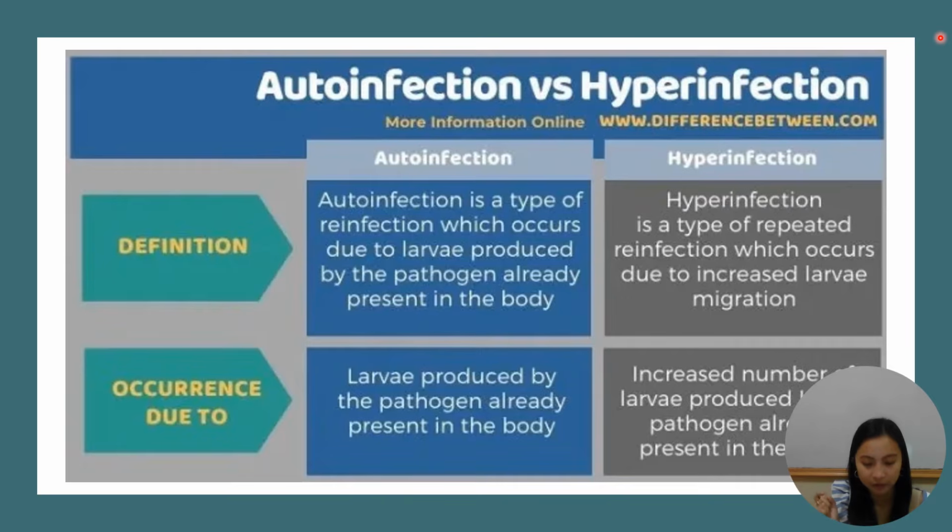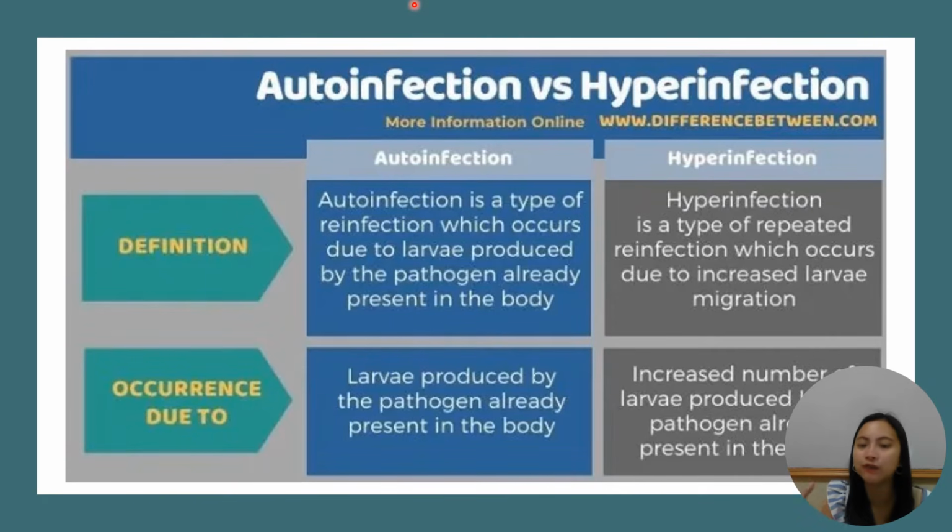And for superinfection, class, or hyperinfection, this is a type of repeated reinfection which occurs due to increased larvae migration. In simpler terms, it happens when the already infected individual is further infected with the same species, leading to massive infection with the parasite.